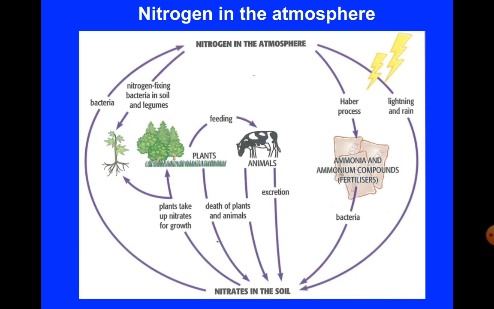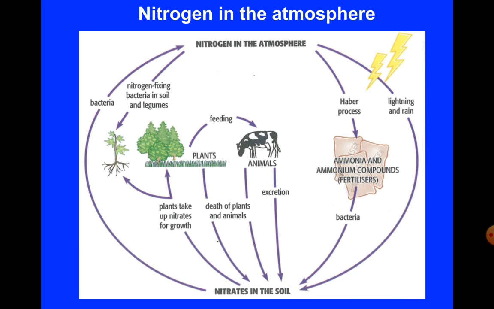Plants and animals that die also return nitrates to the soil. So it is important that there are nitrates in the soil. If there's a shortage of nitrates, plants will grow very badly. Yeah, very bad, like Trump says.